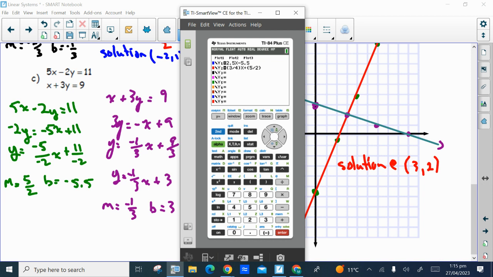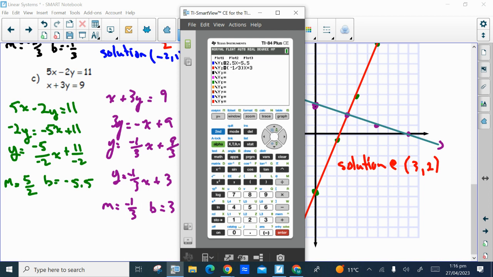But for the second equation, we can't use a decimal for the slope because 1/3 is 0.3 repeating. We're going to have to use brackets and go negative 1 over 3. It's negative 1/3 in brackets x plus 3. So because negative 1/3 is a repeating decimal, we cannot use a decimal.